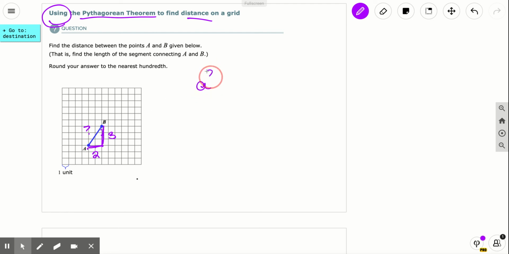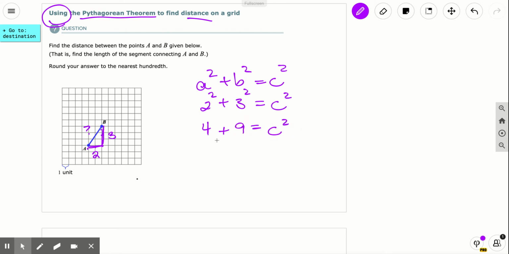So formula, Pythagorean theorem, substitution, resolution. 2 squared is 4. 3 squared is 9. 4 plus 9 is 13 equals C squared. Take the square root of both sides, and you will get the square root of 13.